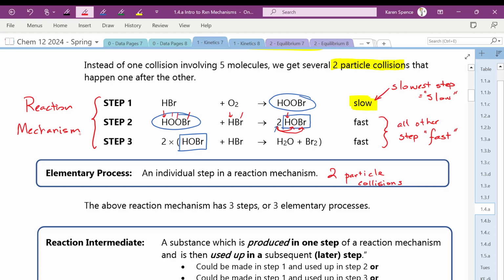Now I circled the HOO Br and I boxed the HOBr because they are important, because in any reaction mechanism, you will have things that get produced but aren't actually products. So they need to get used up again. Those things are called reaction intermediates because they appear as an intermediate step.